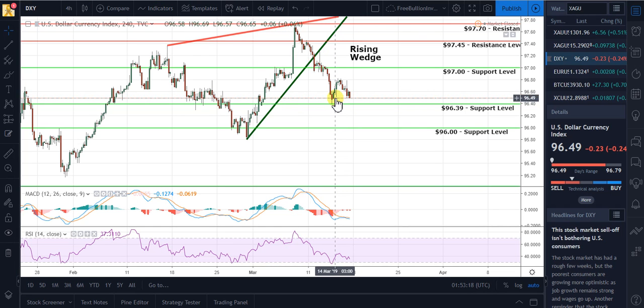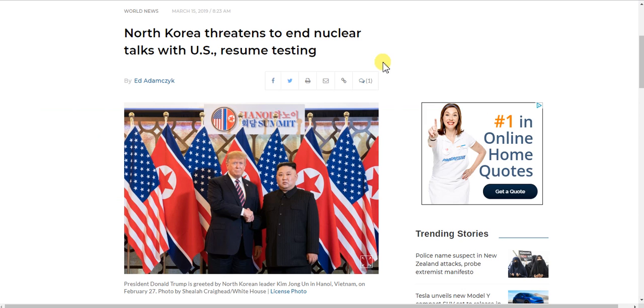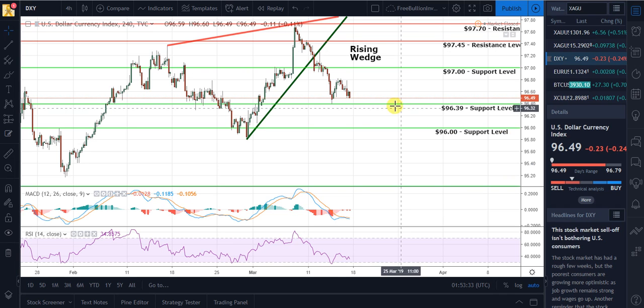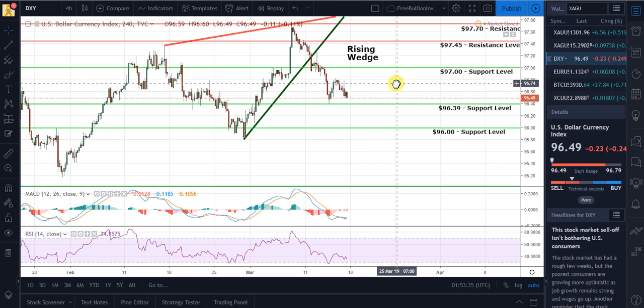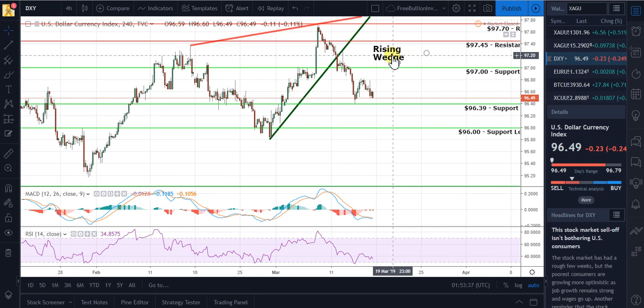We did have the dollar come up in price on Thursday. However, on Friday, North Korea was basically talking about removing themselves from the nuclear talks, and that helped the dollar to continue to fall.